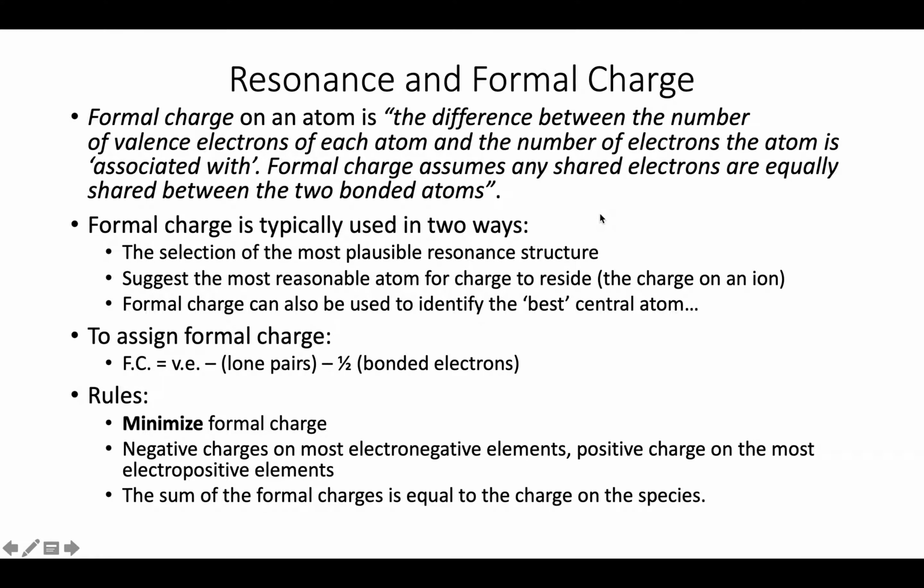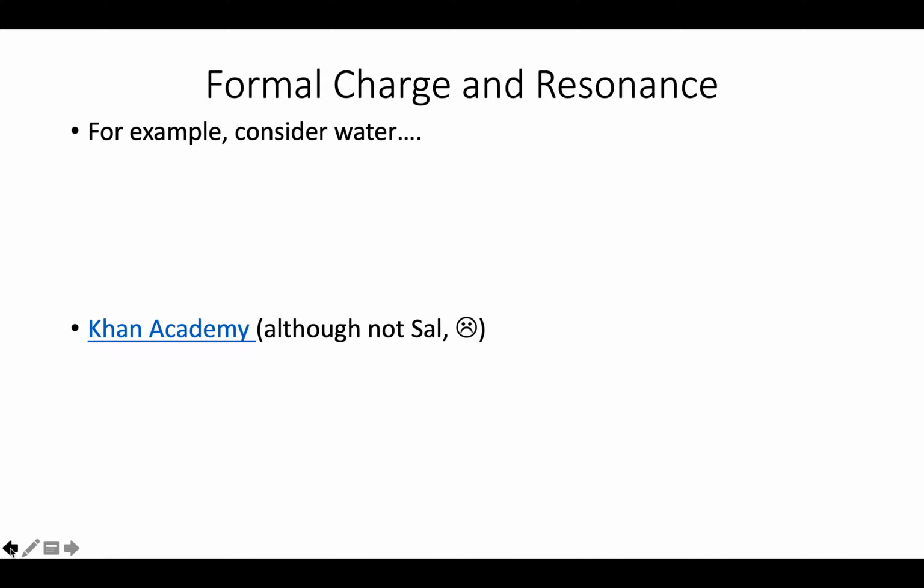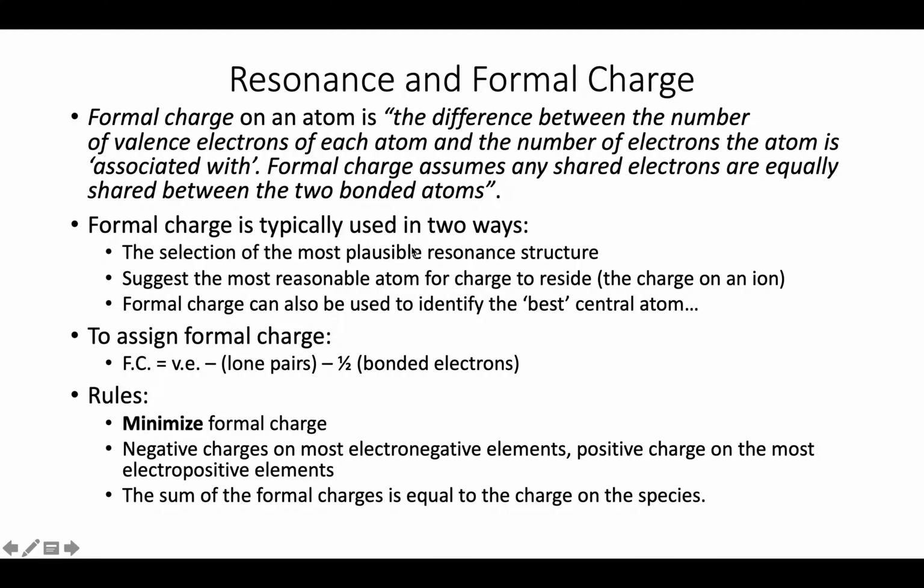It's used typically in 2 ways. Way number 1 is to select the most plausible resonance structure, and then you can determine where the most likely atom for a charge to reside on, and I can show you what that means as well.